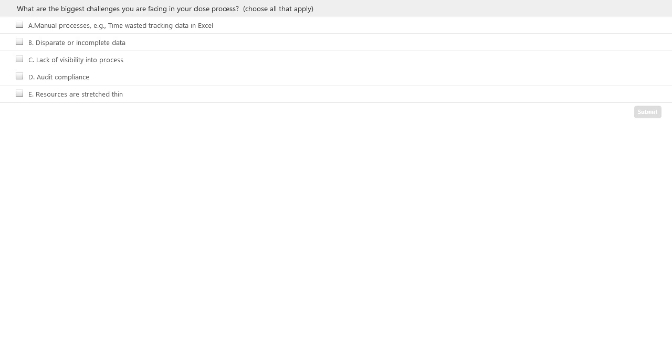We're looking at, are manual processes something that's a challenge in your close? Is it the disparate or incomplete data that is coming into your systems?